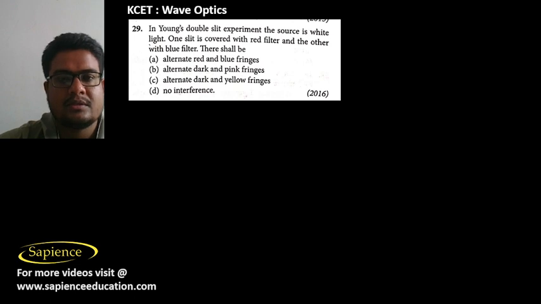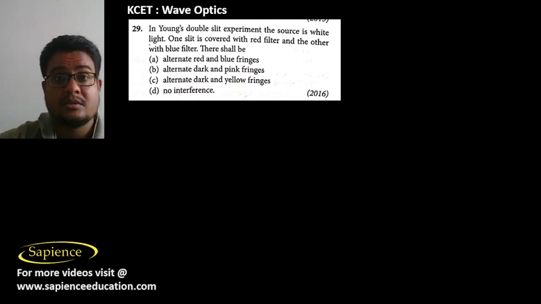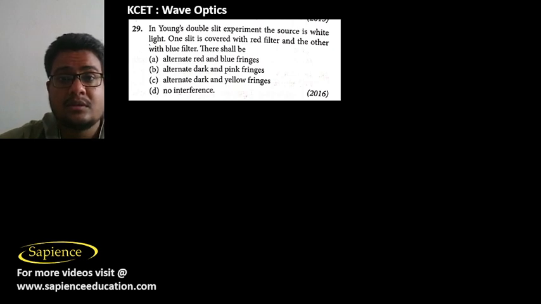When white light is there, then there will be no interference, since the interference fringes for different colors should be formed at different points on the screen. So there will be no interference. Option D is the correct answer.